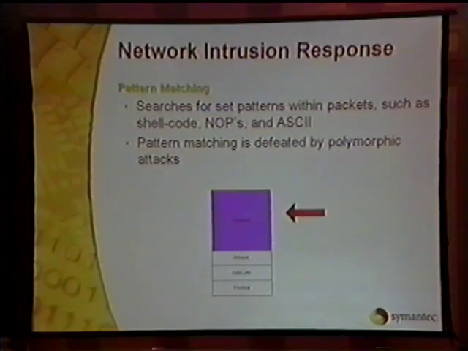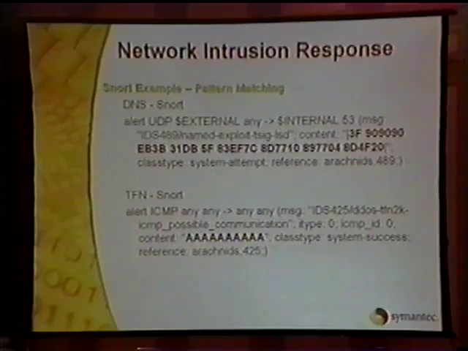It searches for set patterns within the packet. I use Snort here. We see that the content of the TSIG rule is actually a pattern matching context looking for the shellcode within the named TSIG exploit.